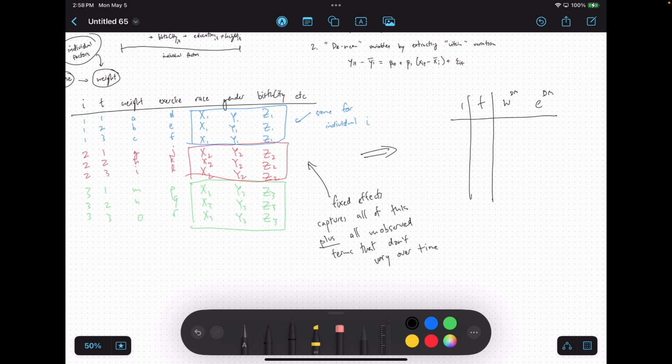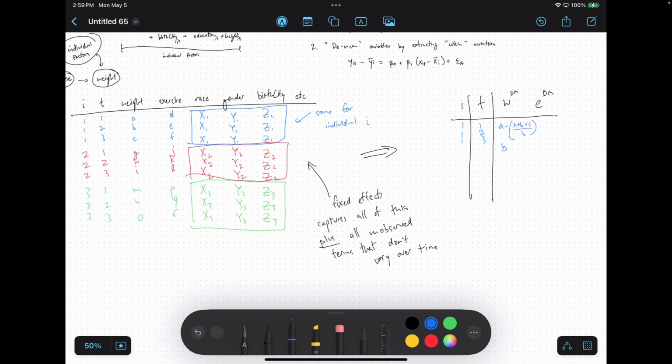And so you would see something like this: 1, 1, 1, 1, 2, 3, and weight demeaned would be A minus A plus B plus C over 3.